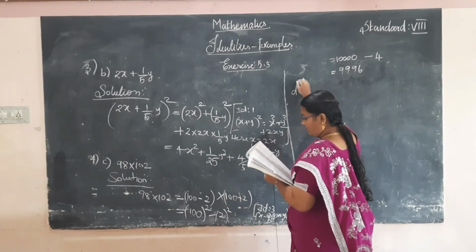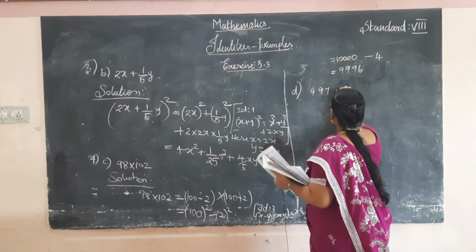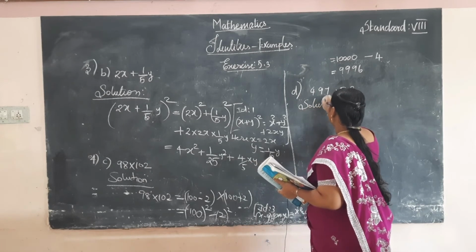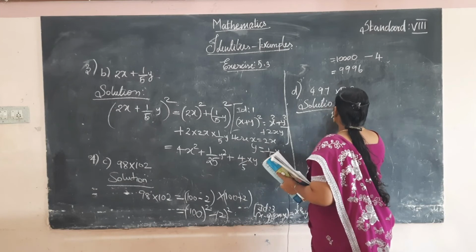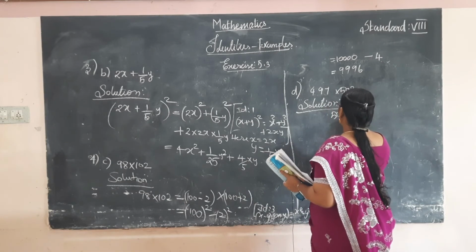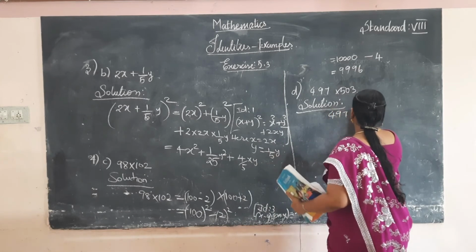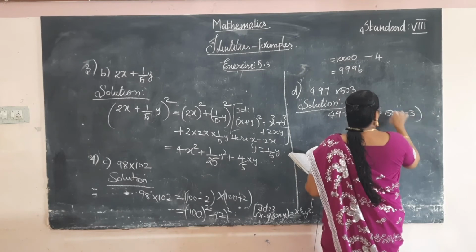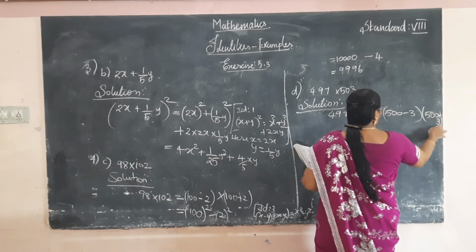D, 497 into 503. So solution: 500. 497 can be written as 500 minus 3, and 503 as 500 plus 3.